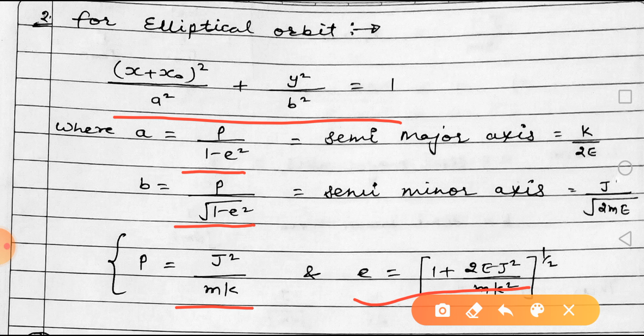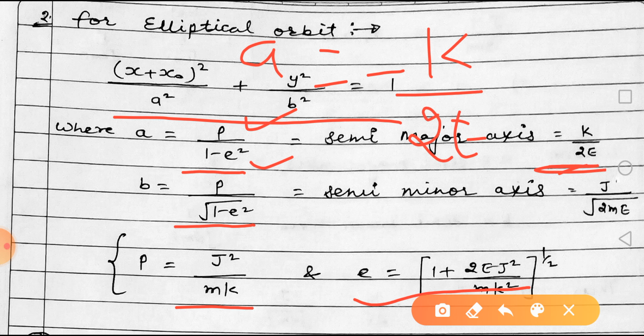If we put the value of eccentricity and p, then we get a is equal to minus k upon 2E, but here we take positive sign, which we will define later, why we take positive sign here.